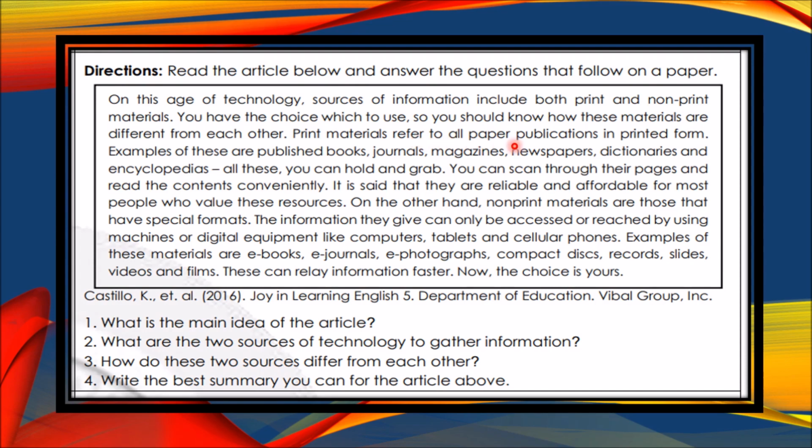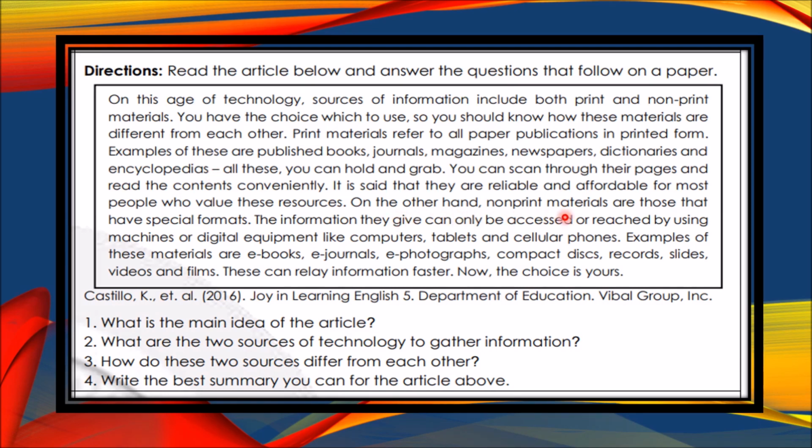it's about printed publication or all paper publication in printed form. These are the published books, journals, magazines, newspapers, dictionaries, and encyclopedias. And you can scan their pages, and you can read the contents conveniently.